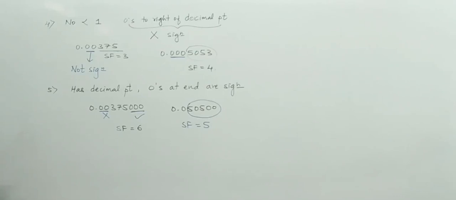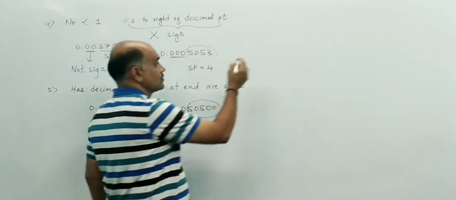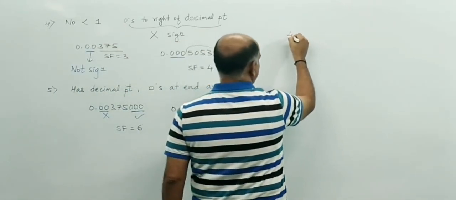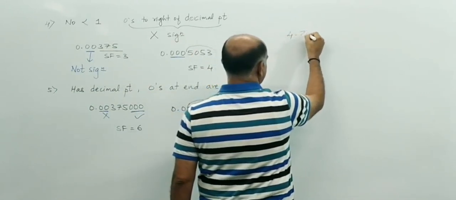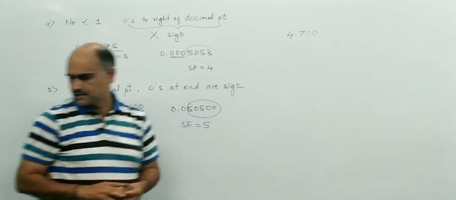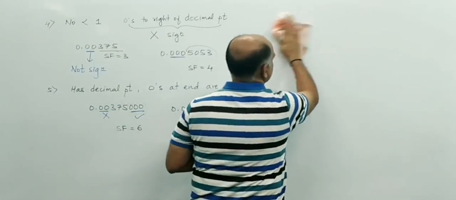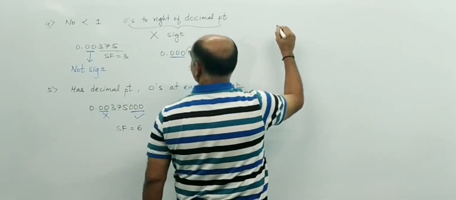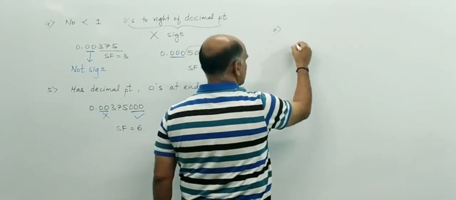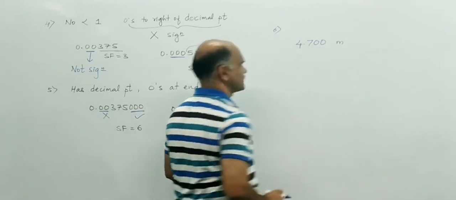Now for example, if I take a number, 4.700 meters.